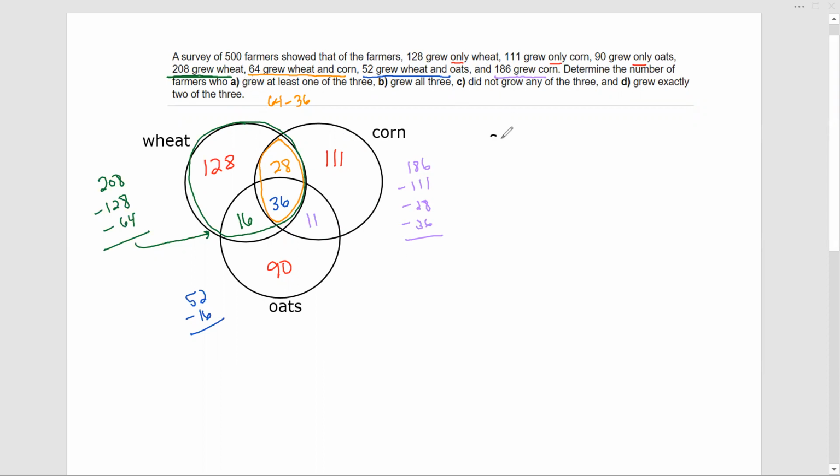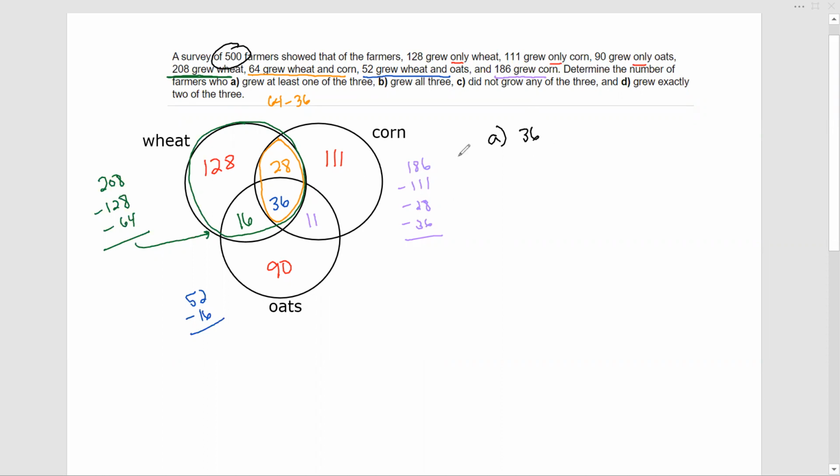So for part A, I'm looking at the questions here. They want to know how many farmers grew at least one of the three. So we know that there was 500 farmers total. All of these together are farmers that grew crops, of these three crops anyway. So we need to just add up all these numbers. You can do this however you want. I'll start from the inside.